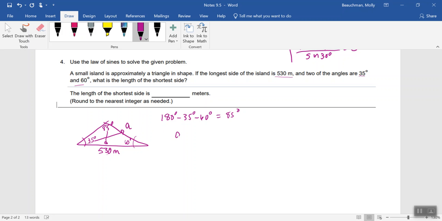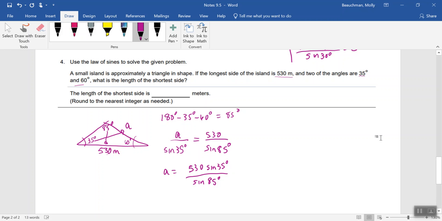So we can set it up as a over the sine of 35 degrees is equal to 530 over the sine of 85 degrees. Multiply both sides by sine of 35. I get 530 times the sine of 35 degrees divided by the sine of 85 degrees.